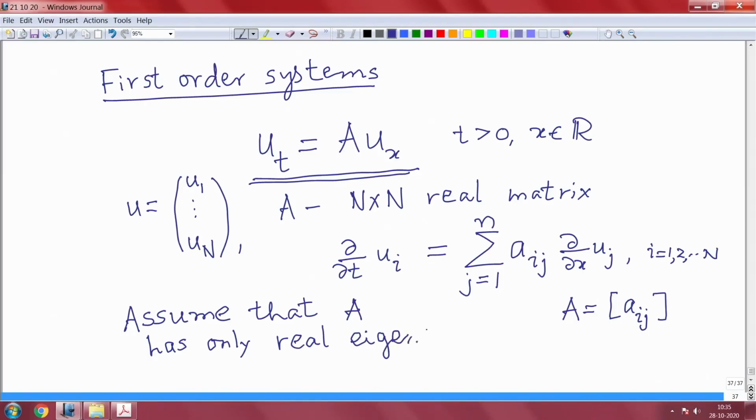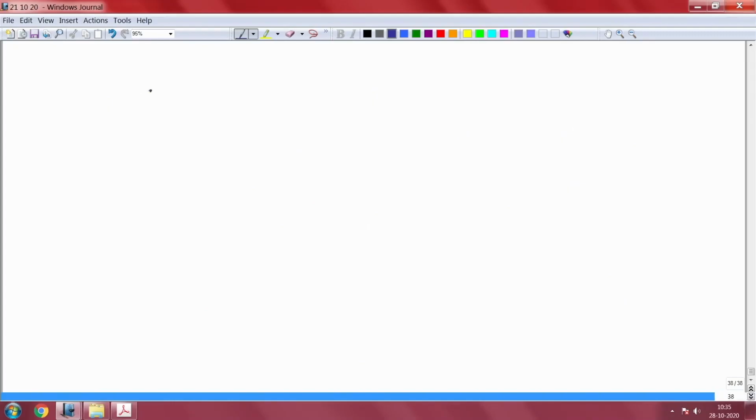So, this is an assumption we are making on the given matrix A. With these assumptions, let me call this system as 1. So, system 1 is called hyperbolic.